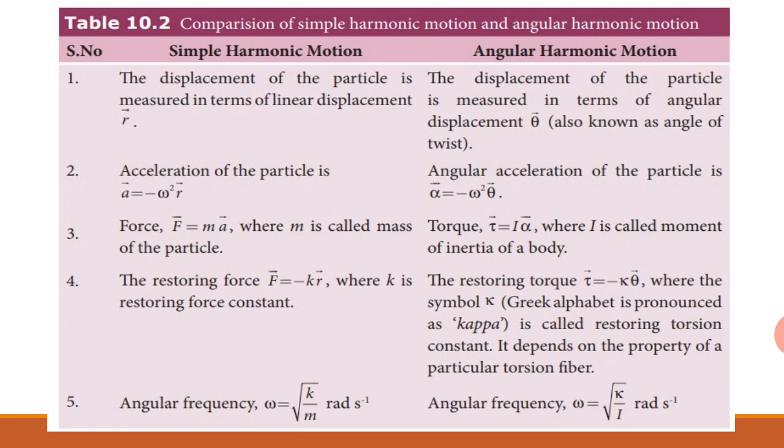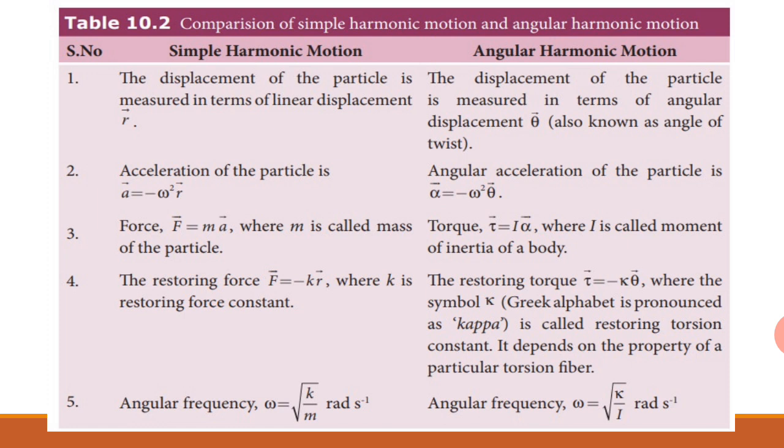Now let's see a comparison of simple harmonic motion and angular simple harmonic motion. So the points are given over here. The displacement of a particle is measured in terms of linear displacement, so it can be written in the form of r, or it can be denoted by x, whatever the symbol will be.